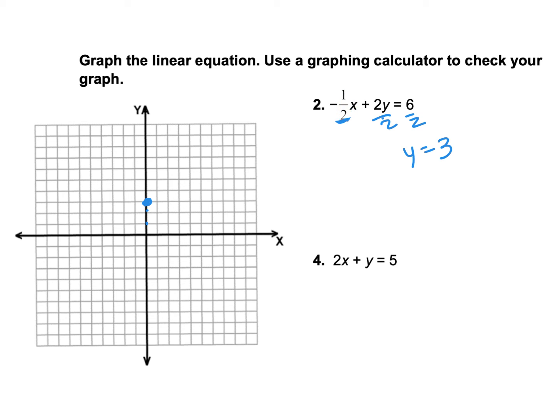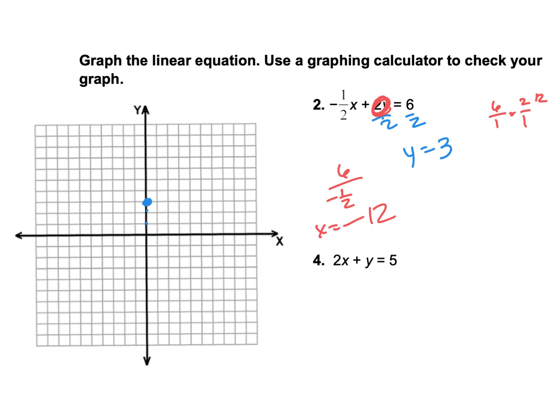And erase this, put 0 in for y. So now I'm going to do 6 divided by -1/2. So let's see, 6 over 1 times 2 over 1, that gives me 12. So it's going to be -12. So my x is -12, which would take me off the chart.